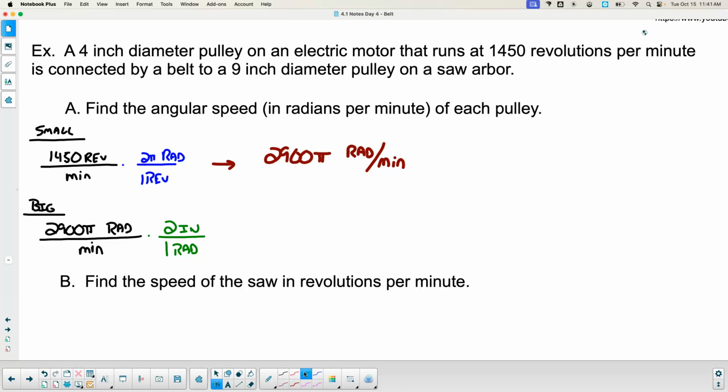So now I can transfer that over to radians of the big one.